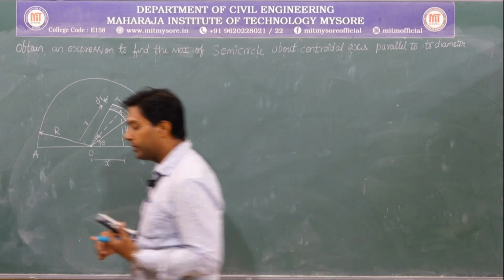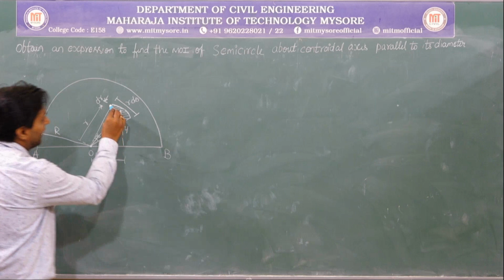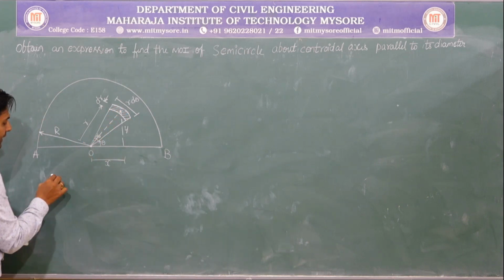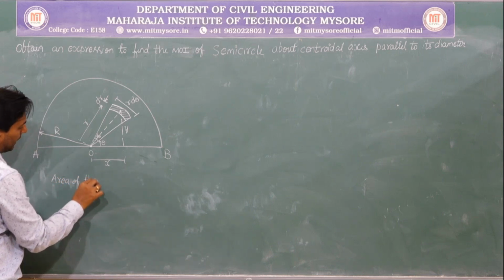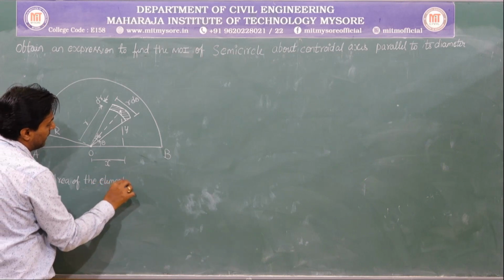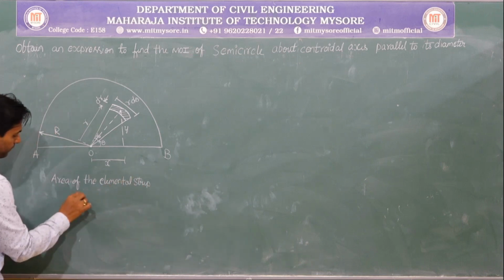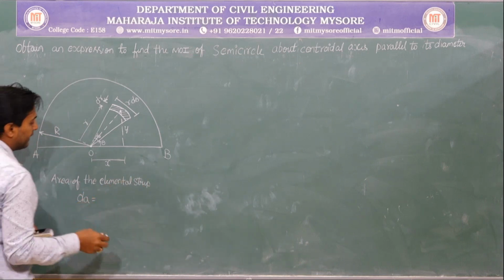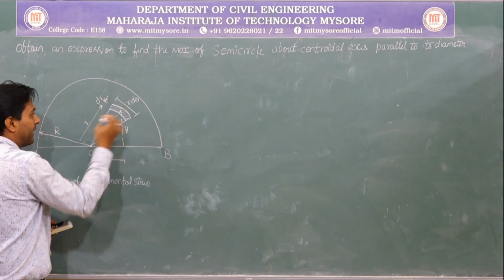Now I will be calculating the area of this elemental strip. The area of the elemental strip dA is equal to, I think you people know that it is almost like a circular path.